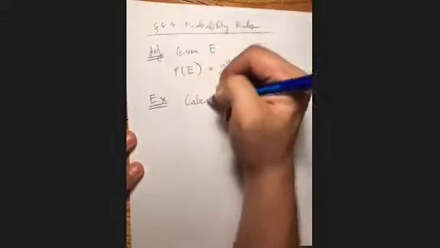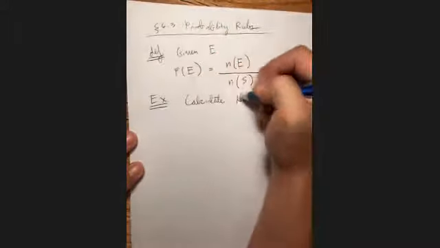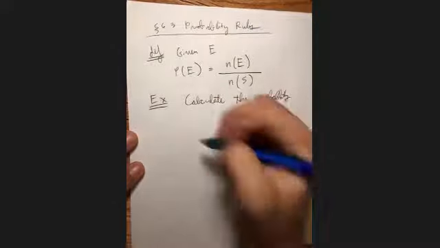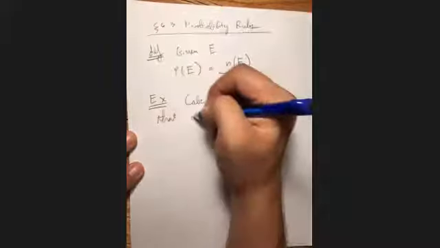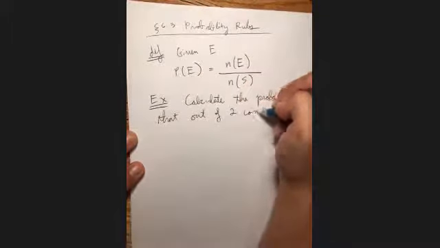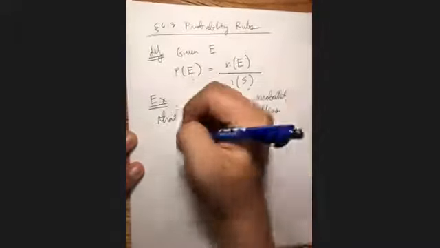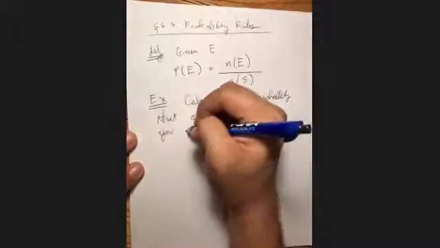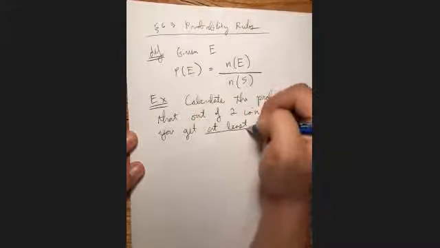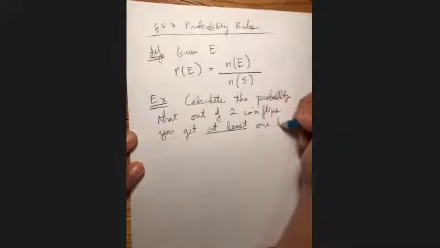Suppose we want to calculate the probability that out of 2 coin flips, you will get at least 1 heads.